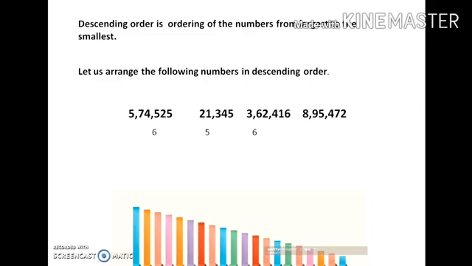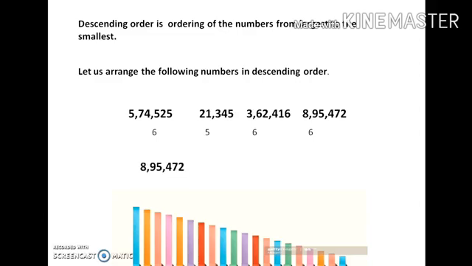6, 5, 6 and 6. Now, as we are writing the numbers from the greatest to the smallest, let us take the numbers with 6 digits. Now, we can see that the digit 8 is the greatest among them, which is in the lakhs place.